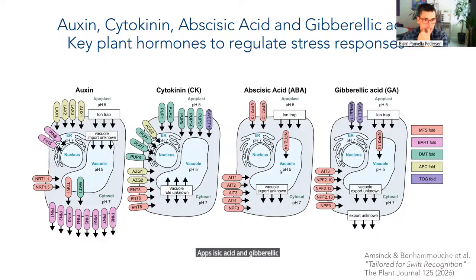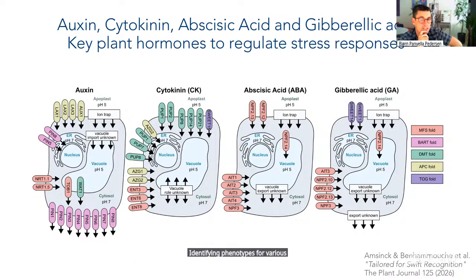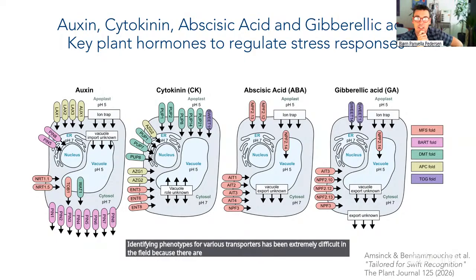And some of, or all, the known transporters so far that we know are involved in the transport of these in Arabidopsis. And as you can see, there's quite a lot of different transport proteins, and this is one of the reasons that identifying phenotypes for various transporters has been extremely difficult in the field, because there are quite often other hormone transporters that can sort of cover, so to speak.